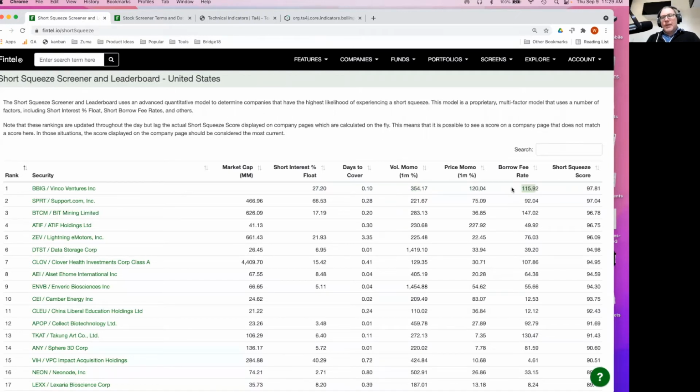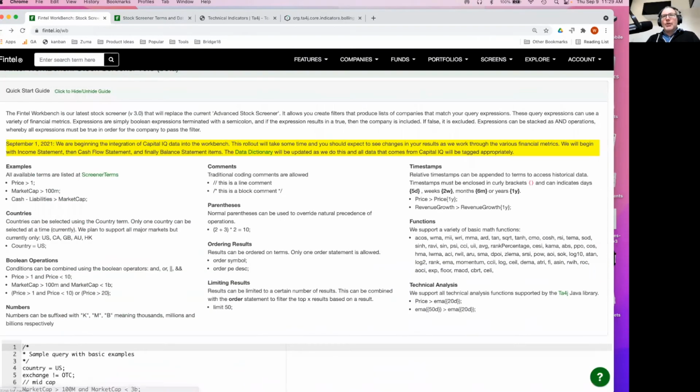So of all the companies in our database, it is the most likely to short squeeze. That's all we can tell you. We can't tell you that it will definitely short squeeze, or how far it will go. We can tell you that right now, of all the companies in this market, this is the one most likely based on the information we have. So I hope that answers your question.